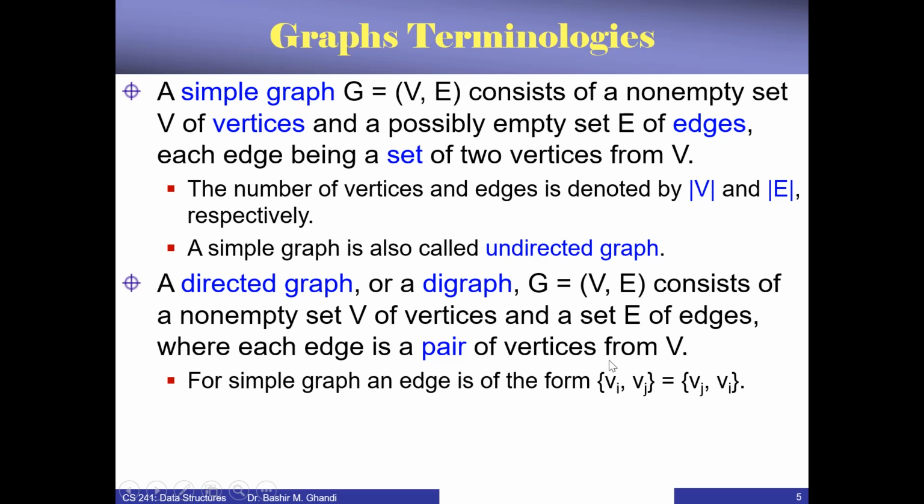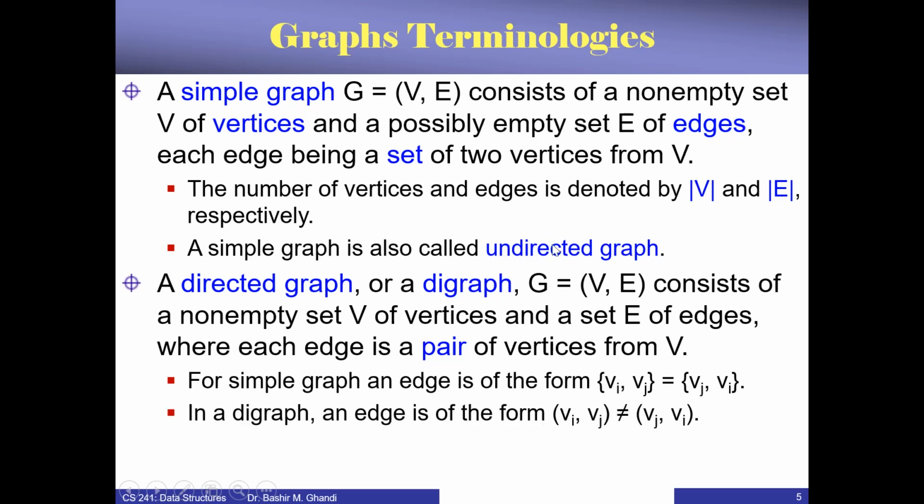In a set, the ordering of the elements is not important, and therefore {Vi, Vj} is the same as {Vj, Vi}. In other words, the edge connecting the two vertices is not considered to have any particular direction. It can be from Vi to Vj, or from Vj to Vi. That's why the graph is called undirected. The edge is not considered to have any specific direction.